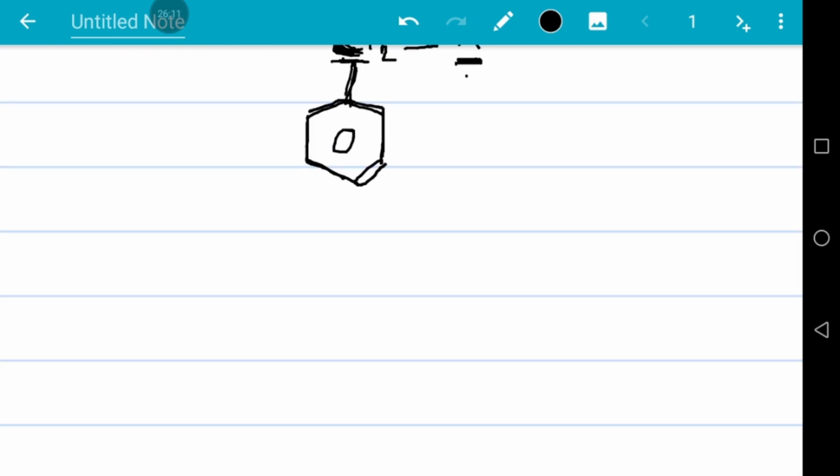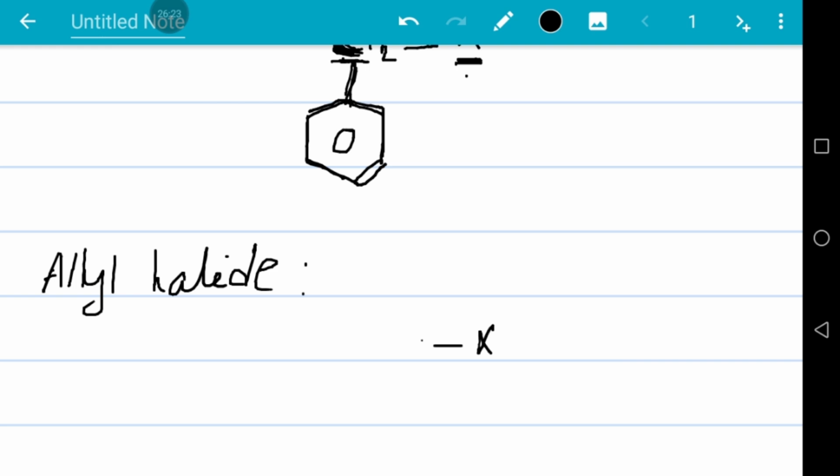Next, after that, allyl halide. Allyl halide means halogen is attached to sp3 hybridized carbon which is adjacent to the double bond. So this is the double bond.